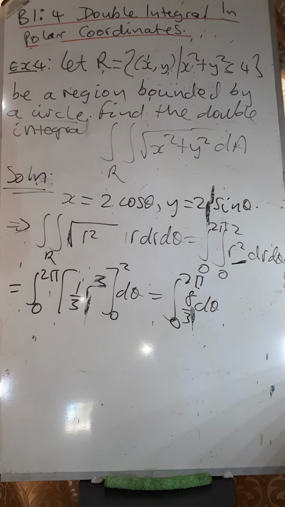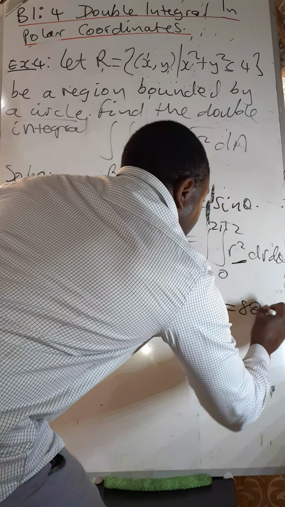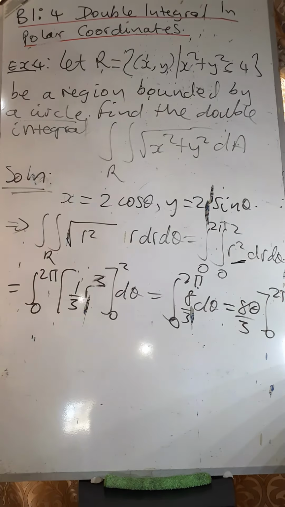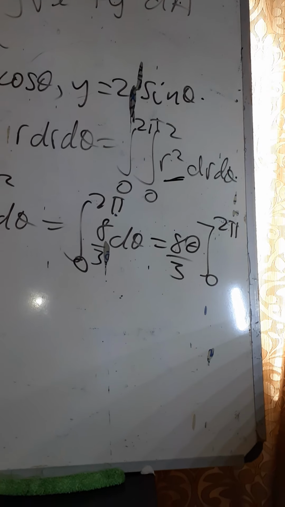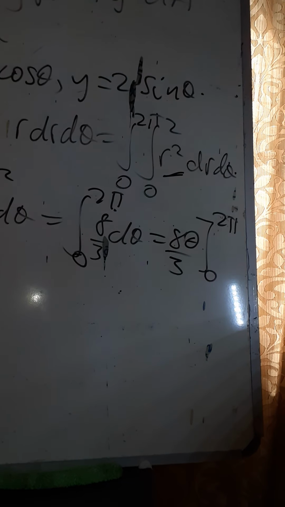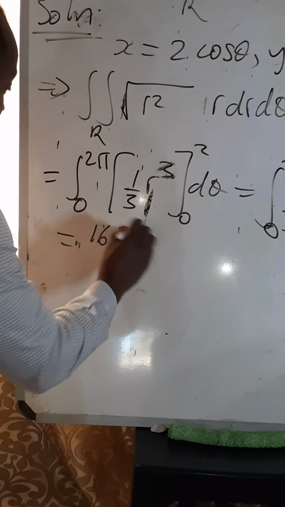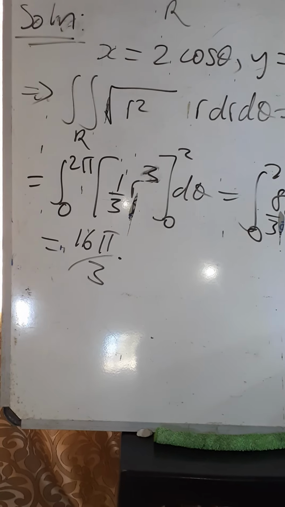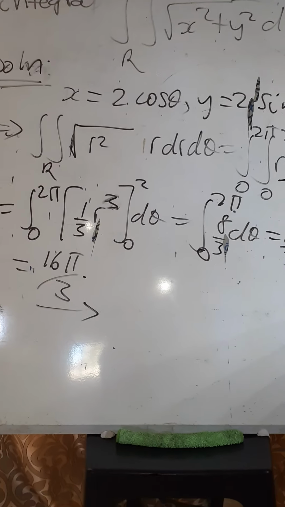You will have 8 over 3 times theta, which is 8 theta over 3 from 0 to 2 pi. Then you substitute there, you will get 8 times 2 pi over 3, which will be 16 pi over 3. That's your double integral.